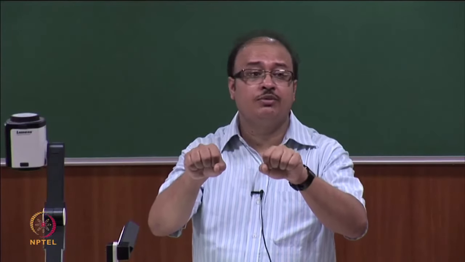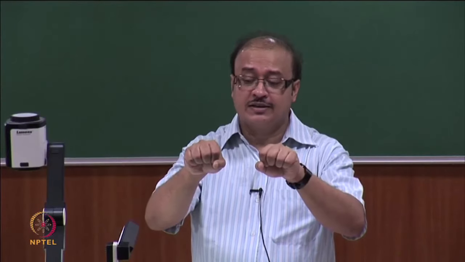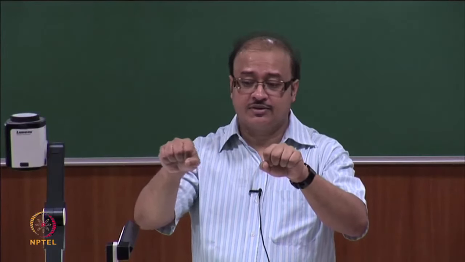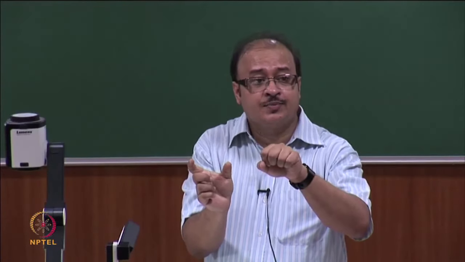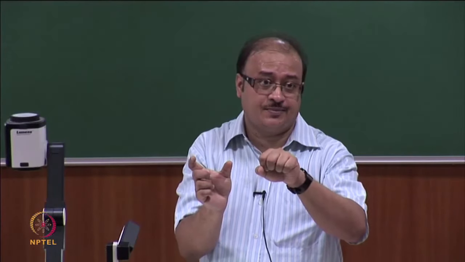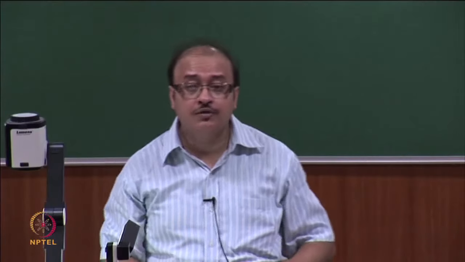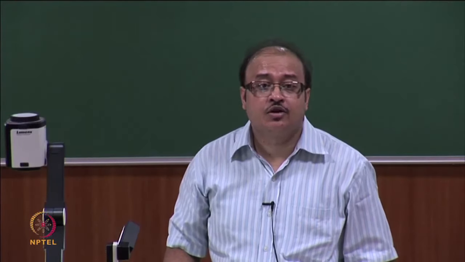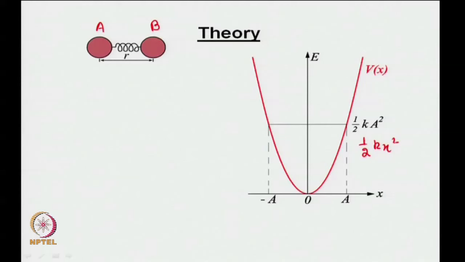This is the equilibrium internuclear distance. Now, I can stretch the bond. Once I stretch the bond, the distance is increasing and that displacement from the equilibrium position is denoted as x. You can see this red curve corresponds to half k x square. And what does A represent out here? You will soon see what A represents.